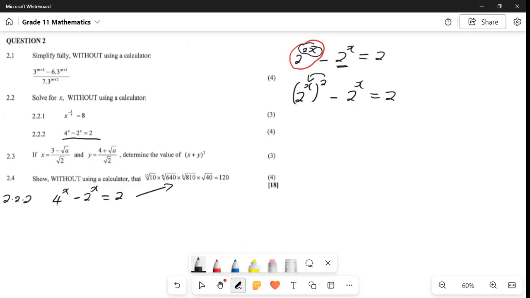But now, because we have this negative sign here, we cannot say that because we've got the same base, we write the same base and add the exponents. It's not going to be as easy as such, you see.